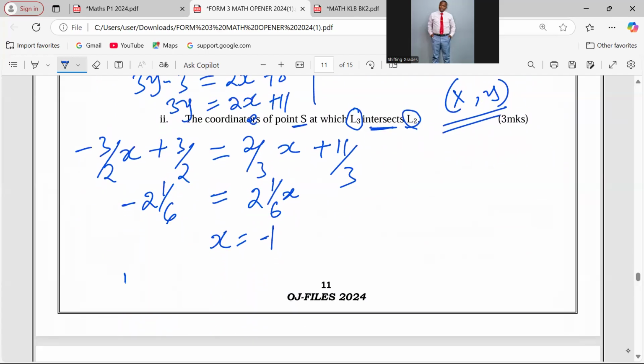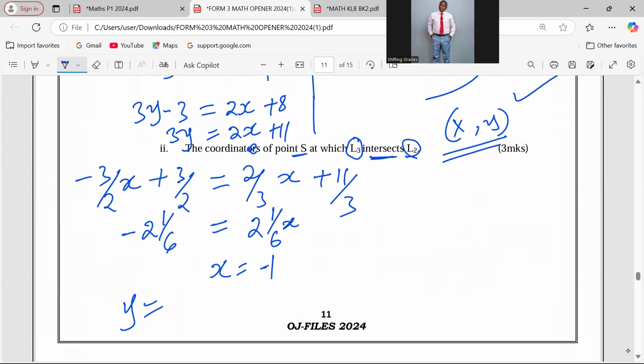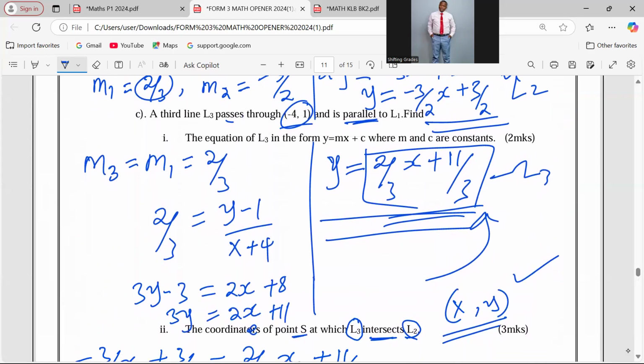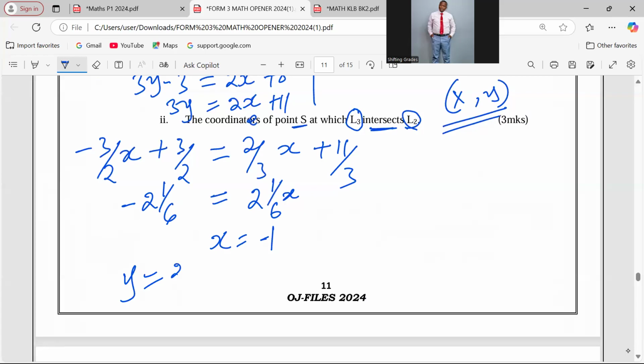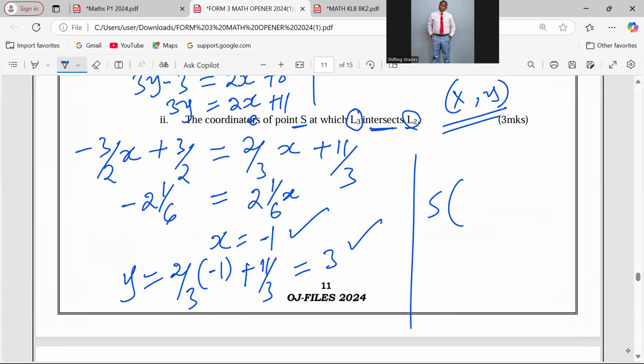So the value of y will be, when we substitute negative 1, 2 over 3 times negative 1, plus 11 over 3. What am I going to get? Negative 2 over 3 plus 11 over 3. This is going to exactly be 3. Therefore, if x is negative 1 and y is 3, then the coordinate of S, the point of intersection, is negative 1, 3. That is the point of intersection.